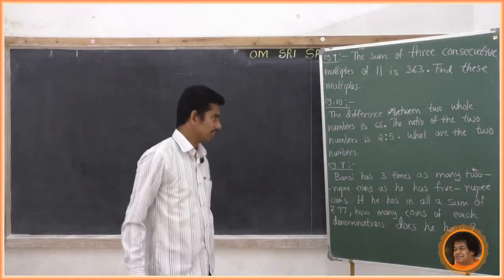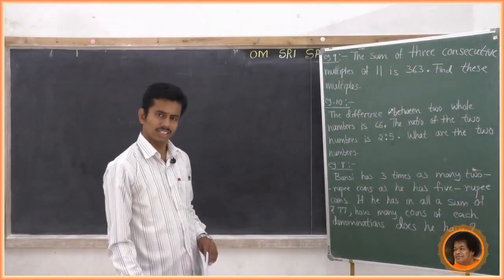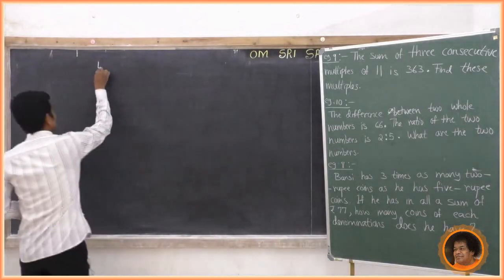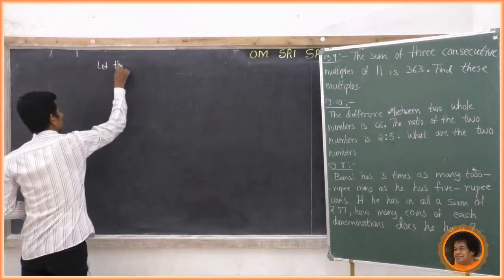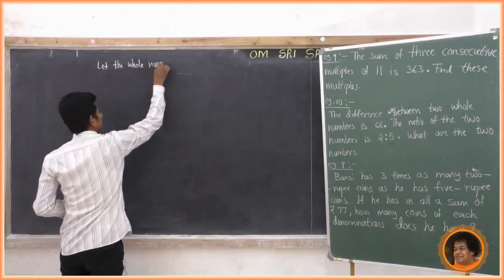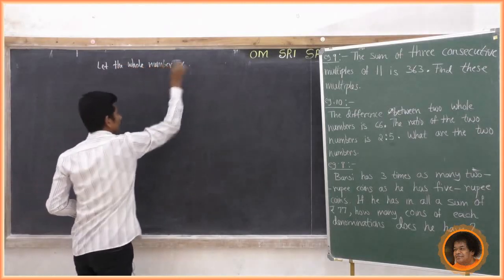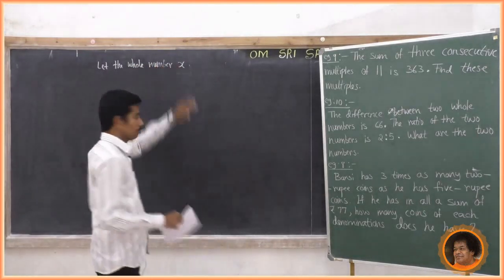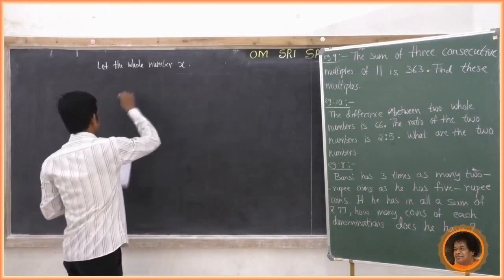What is the condition? The difference between two whole numbers is given. We don't know which one is the whole number, so let the whole number be x.